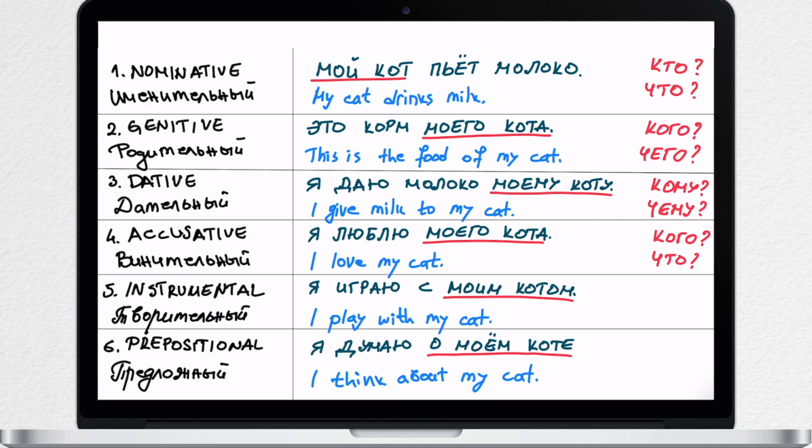This question is used for inanimate nouns, and you can see that it corresponds to the question что from the nominative case. Again, here we will have some similarities between the accusative and nominative case for inanimate nouns in terms of word endings. But for now, I will not go into these details.